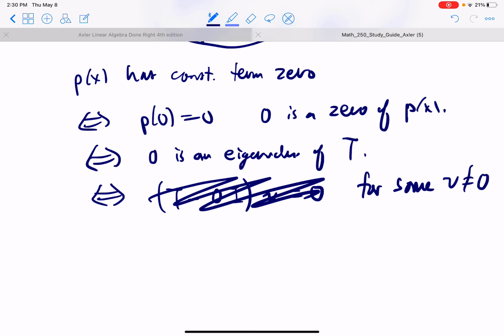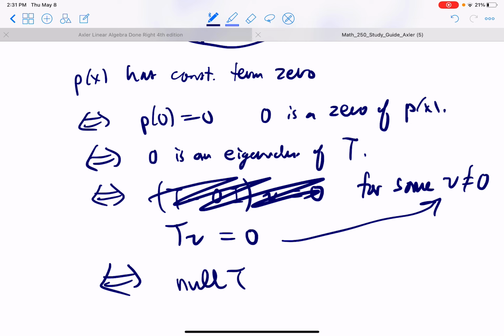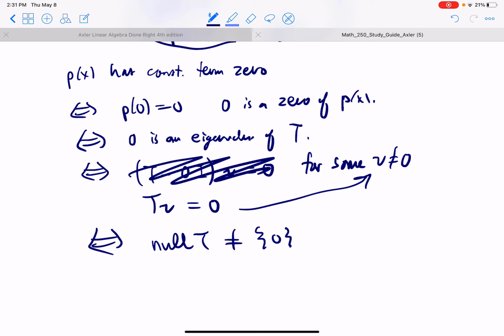In other words, tv equals 0 for some non-zero vector. Right? But that means that the null space of t is not only 0. But remember, for an operator from the same dimension input space to the same dimension output space, that means t is not invertible.